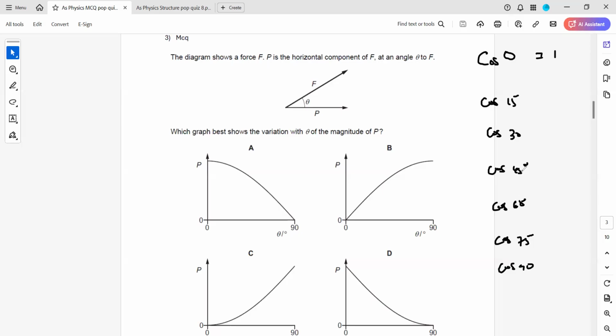We know cosine 0 is 1 and cosine 90 is 0. What about the other values? Let's check the variation. What is cosine 15?